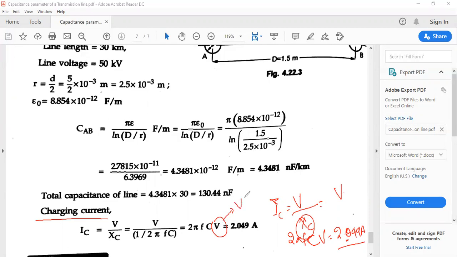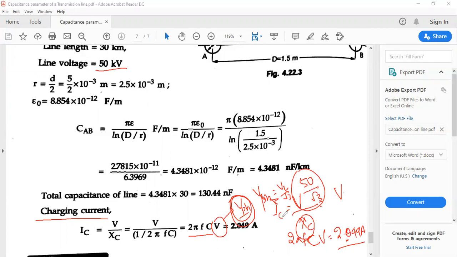Okay, sorry, the phase voltage here. So V is nothing but the phase voltage, which you need to write here. The line voltage is given, so 50 divided by root 3. So that is the phase voltage from the line voltage, VPH equals VL divided by root 3.